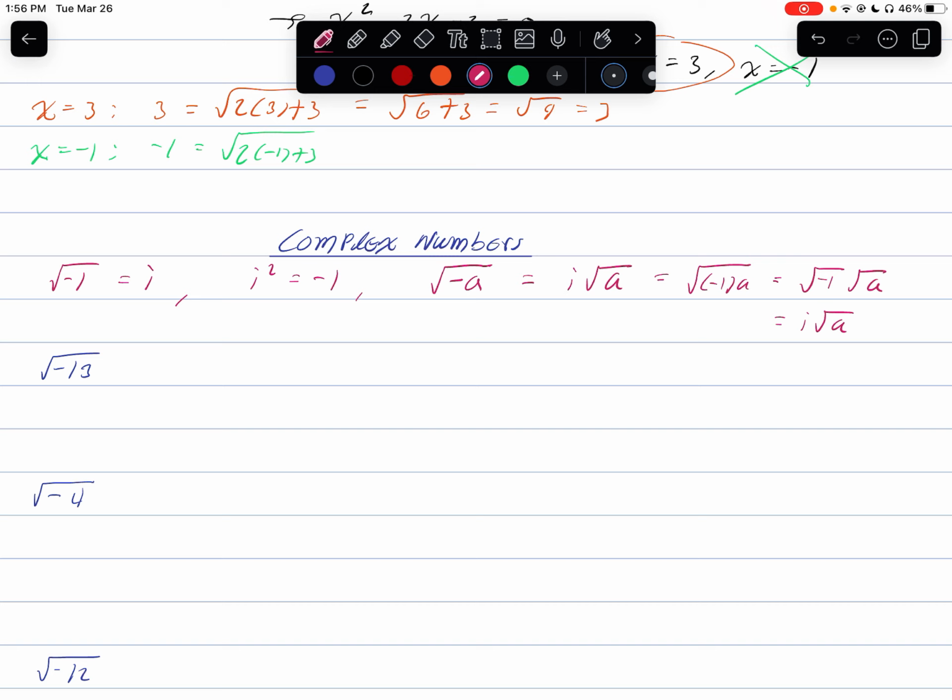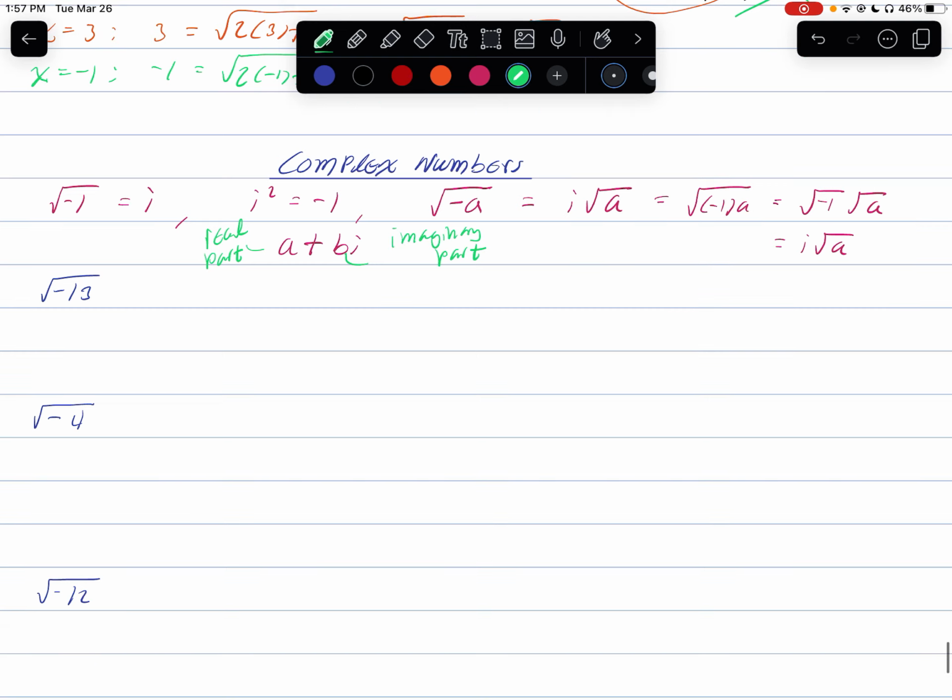Also, the general form of a complex number is not just the i part of it. Generally, we have a plus b times i. We say that this first number, the a, is the real part, and the second part, the b, is the imaginary part.